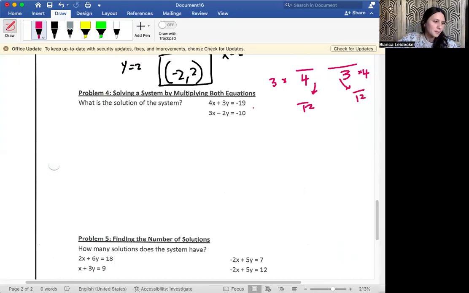Or, let's say I have 1/2 and 1/3, and I have to add them. I could multiply 1/2 by 3 on both sides, and I can multiply 1/3 by 2 on both sides, and I'll have a common denominator of 6: 3/6 and 2/6.